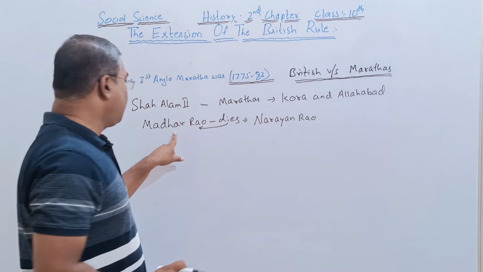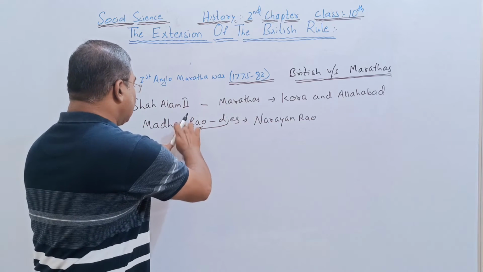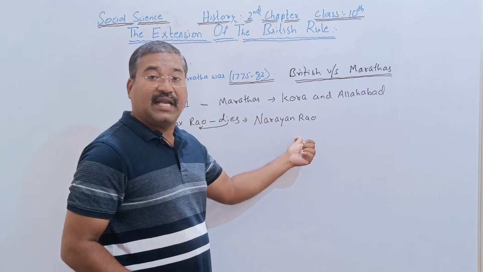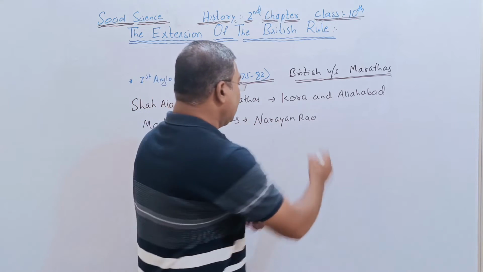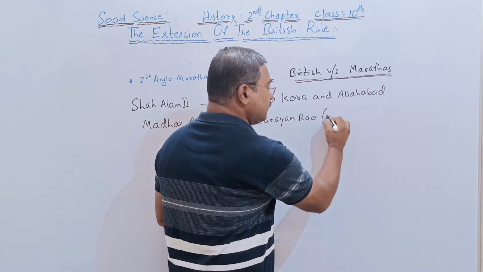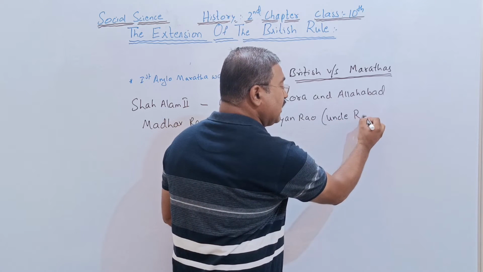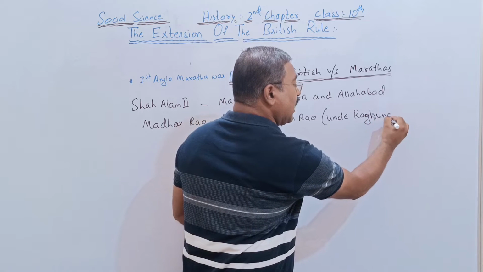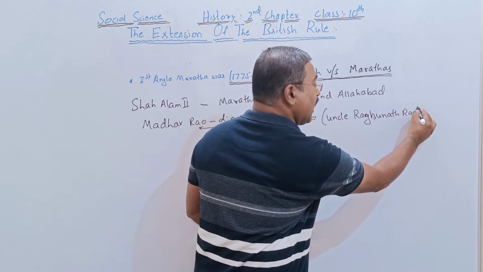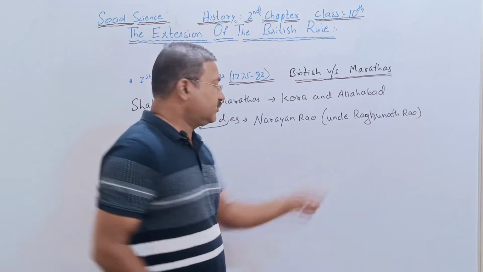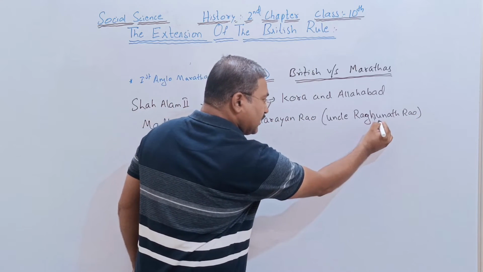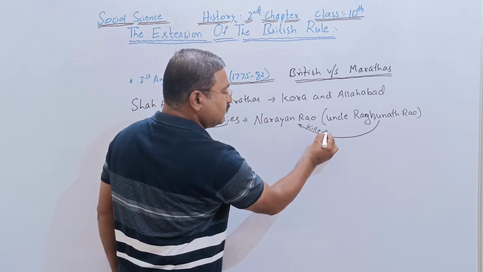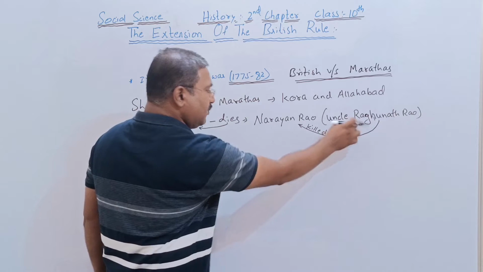He is the brother of Madhav Rao. After his death, Narayan Rao became the Peshwa. Narayan Rao's uncle, Raghunath Rao, killed Narayan Rao. Raghunath Rao killed whom?